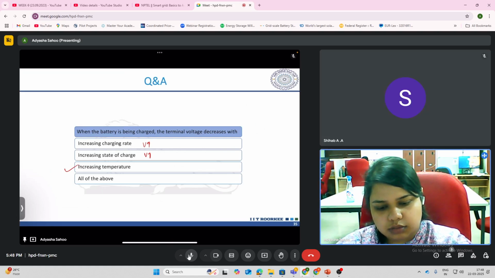Charge rate means basically at how much, like 5 coulombs per second. So this is the charging rate. And increasing state of charge, that is the SOC.